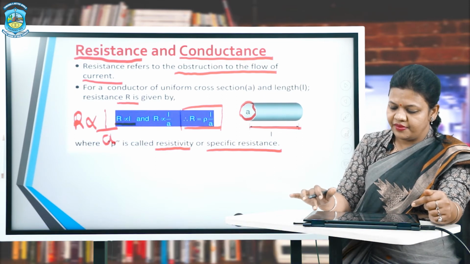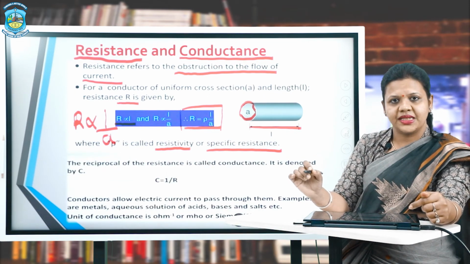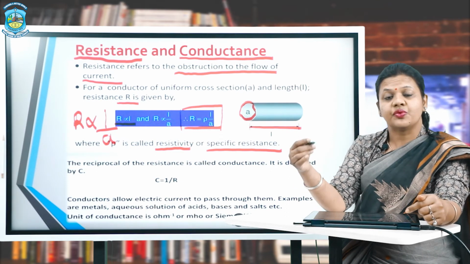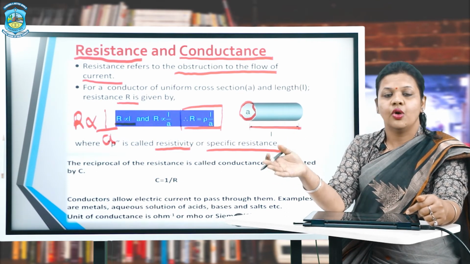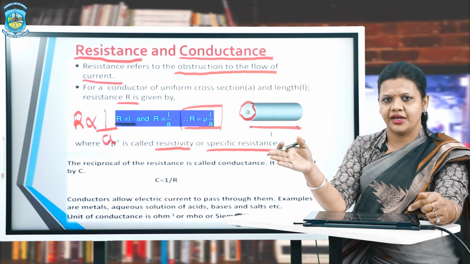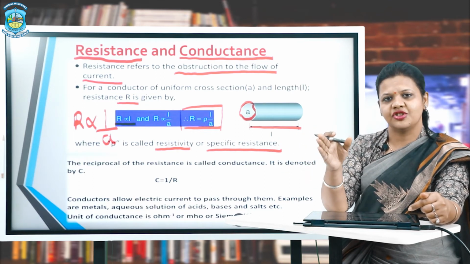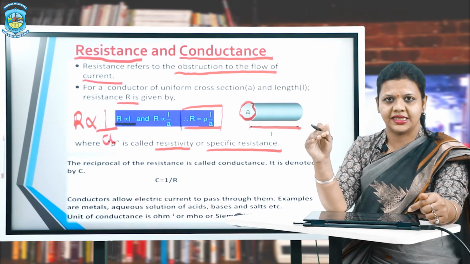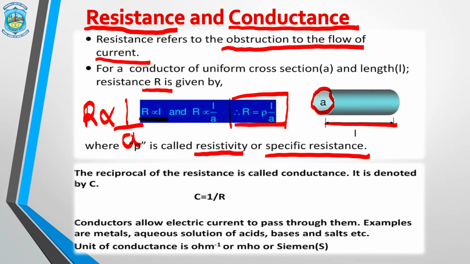Next, the another property is conductance. Since resistance is a frictional force which inhibits the flow of current, so conductance is just an inverse property of resistance and it is denoted by capital C. We may say that it is the reciprocal of resistance and its formula can be given as C is equal to 1 by R. So, the substances which easily allow current to flow through them are called as good conductors.